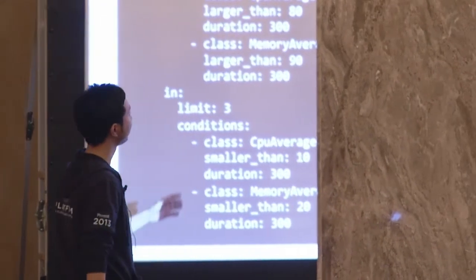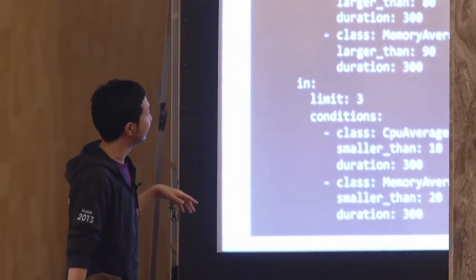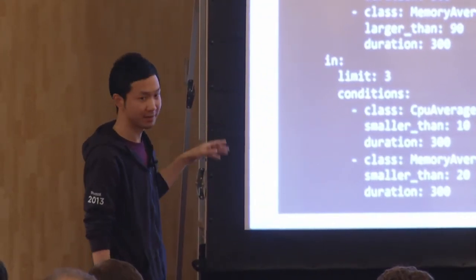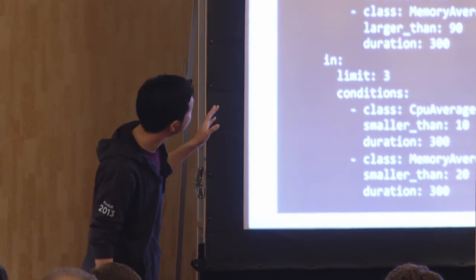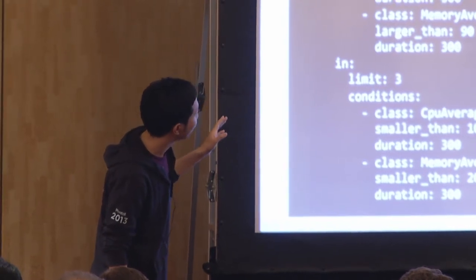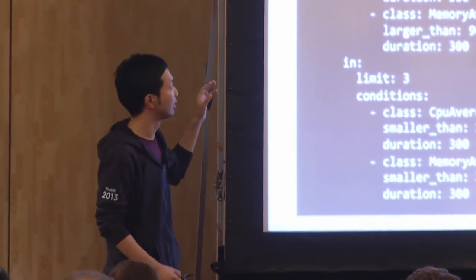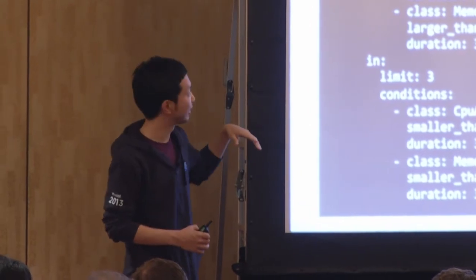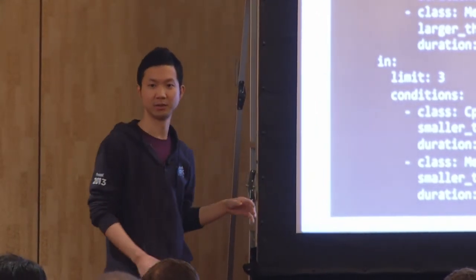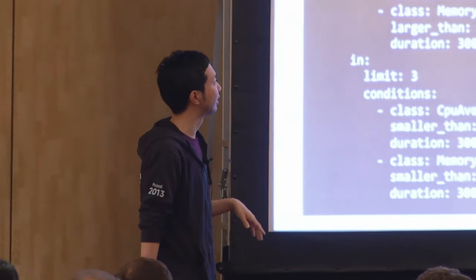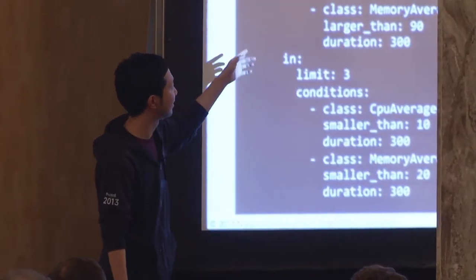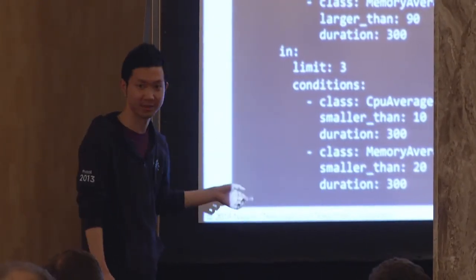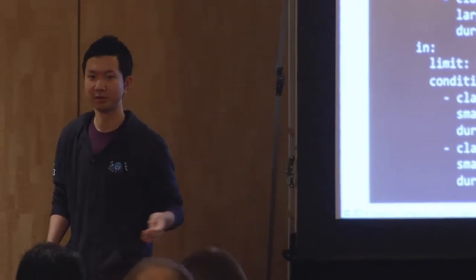So, if the CPU average is higher than 80% for 300 seconds, the scaling out will be triggered. So you can use these classes and rather larger than or smaller than definitions. So it's very important how you choose those thresholds. Yes, exactly.